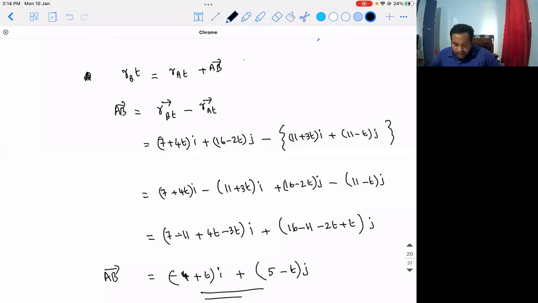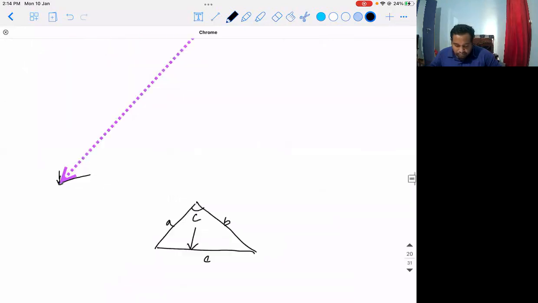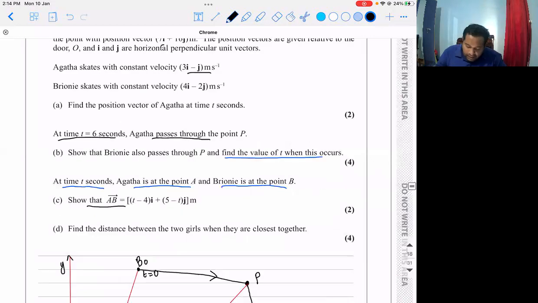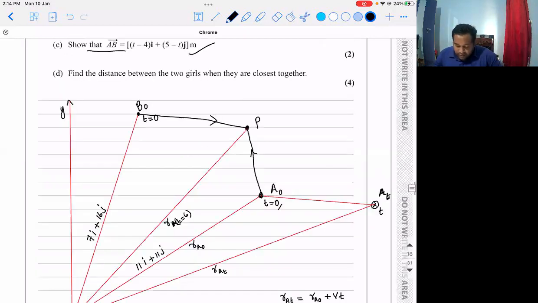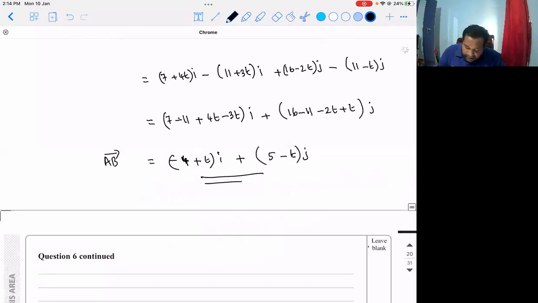Am I correct? So that's what they're asking to show, right? Yes, we can write it as (t - 4)i + (5 - t)j.